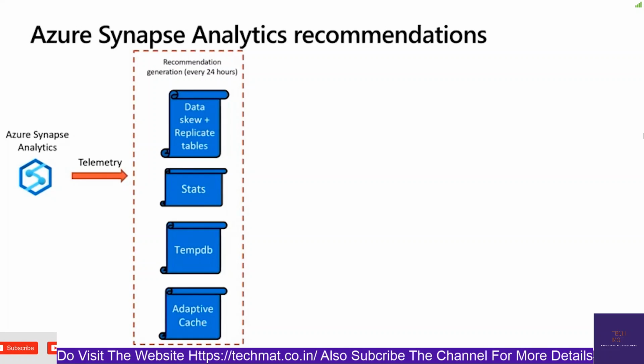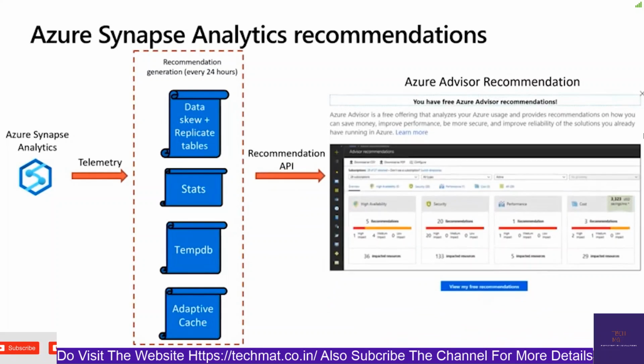It collects the execution statistics, TempDB statistics, and adaptive cache statistics. So basically it provides you with a nice view via the Azure Advisor recommendations, right? The recommendation API is published into the Azure Advisor recommendations.